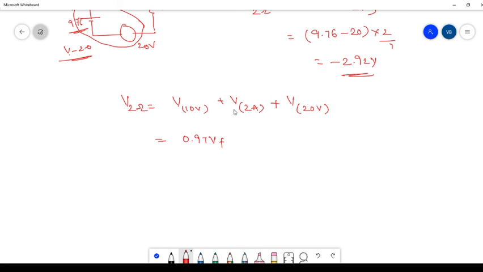And voltage across the 2 ohms resistor while considering 2 amps is 1.46 volts. And the voltage across the 2 ohms resistor while considering 20 volts is minus 2.92 volts. That resultant value will become minus 3.41 volts. Okay, so this is the way you are going to calculate using the superposition principle.